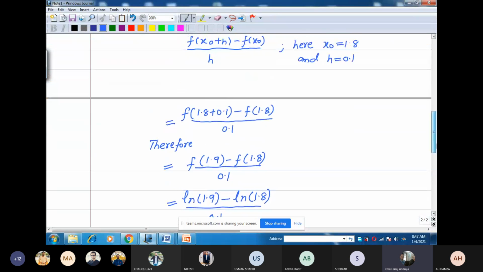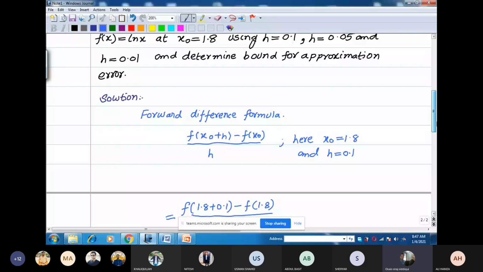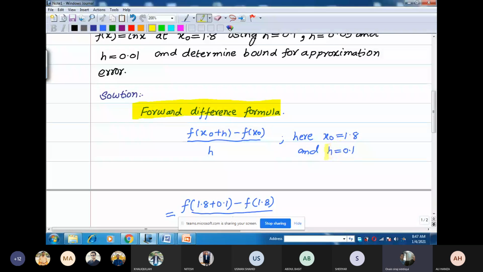This is actually the forward difference approach when h is 0.1. ठीक है?